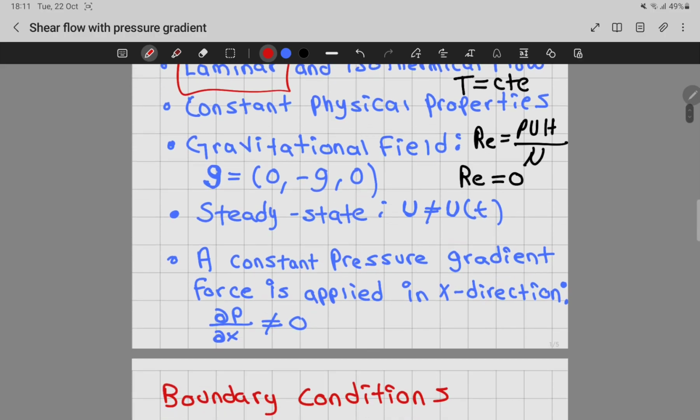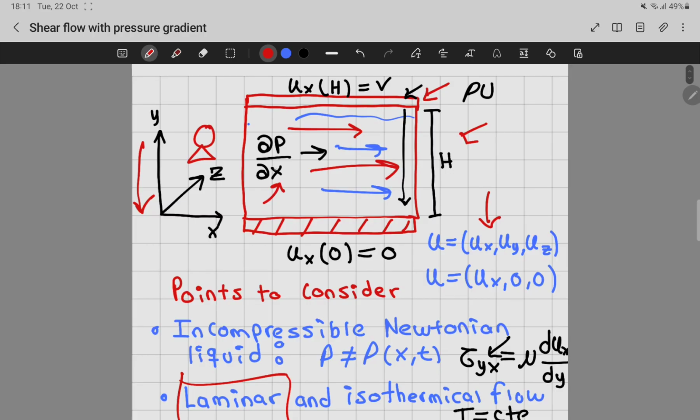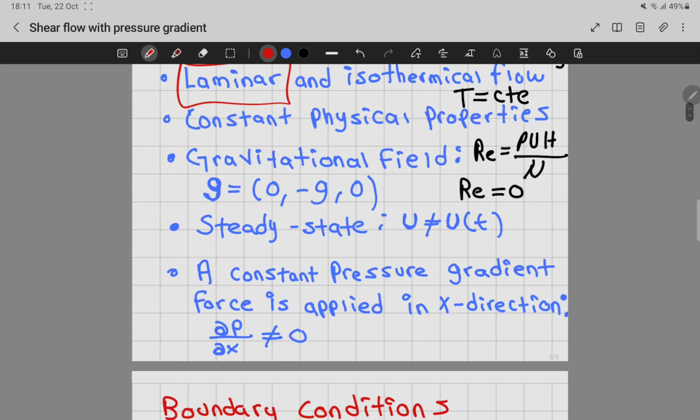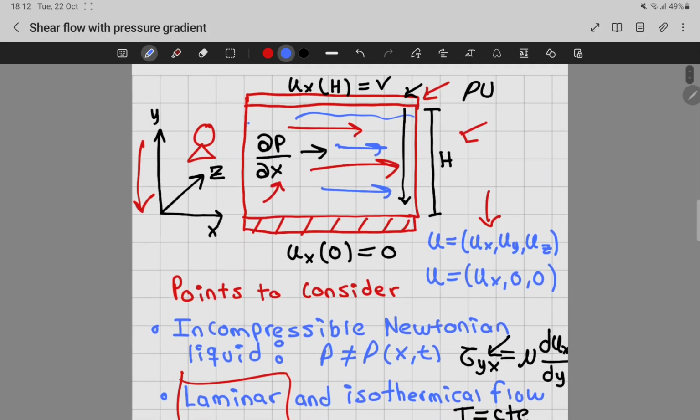And as I said before, we have a constant pressure gradient acting in x direction. So this is going to be important to solve the equations. Let me write it down. So this is going to be equal to a constant. And just very quickly, the only non-zero component of the velocity field is going to be the velocity in x direction, because this is a very well-controlled flow.